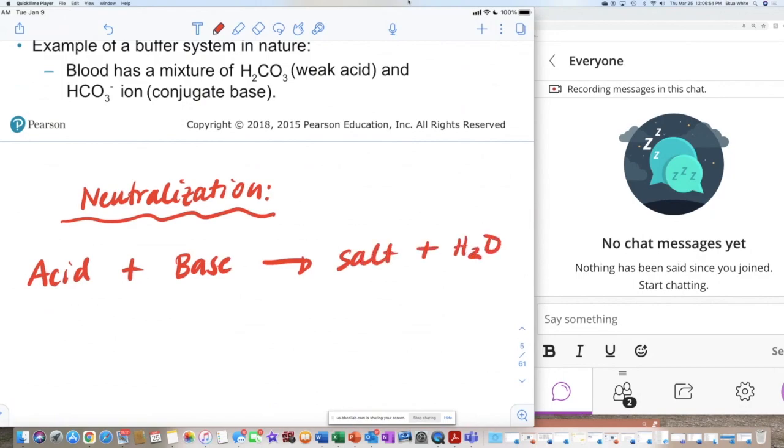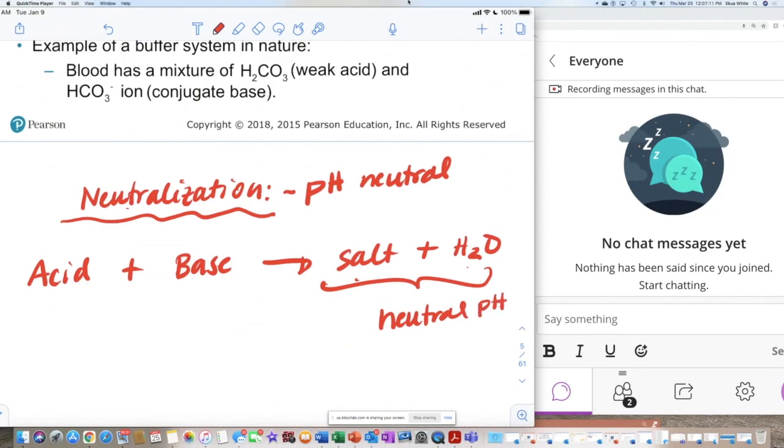And I told you before, neutralization, the context here is pH. And neutralize means to make pH neutral. I also mentioned before that both salt and water usually have a neutral pH, meaning pH of 7. So for the most part, acids have low pH, bases have high pH.